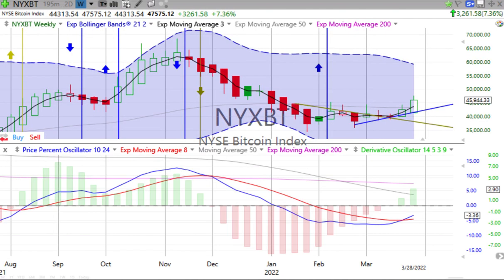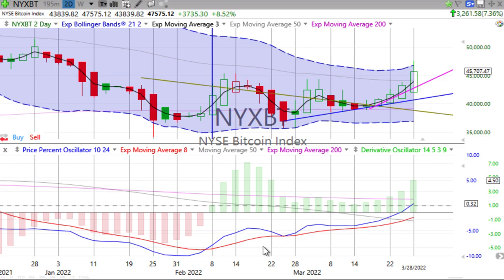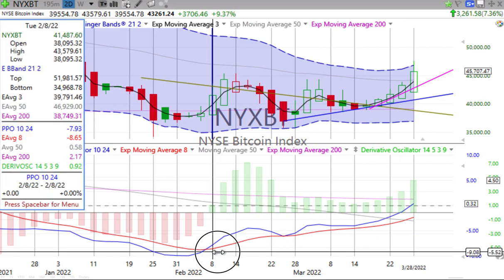So as we look at things, we see a great deal of up movement. Nice big green up candle trying to cross over this week, heading up on the weekly. We go to the 2-day, and of course it crossed over going up back on the 8th, and of course that's the 8th of February.